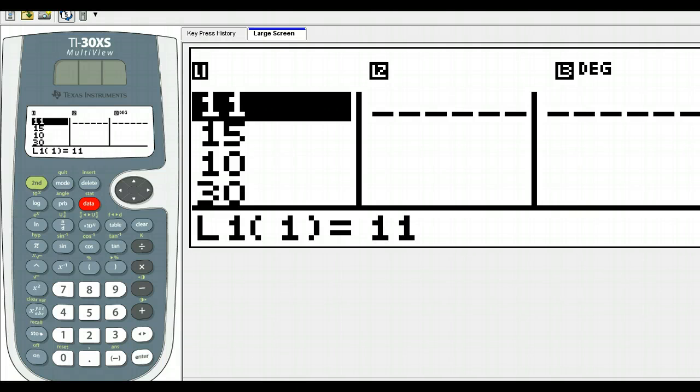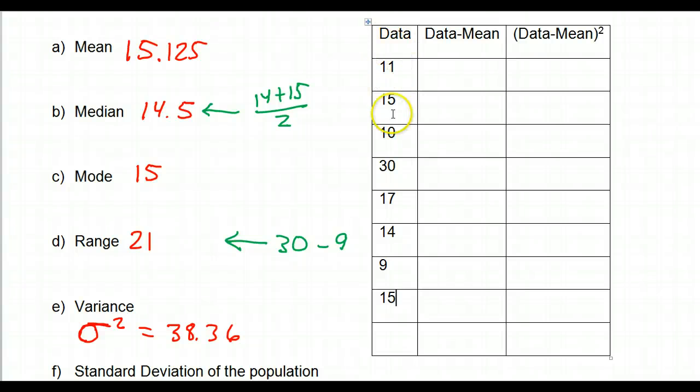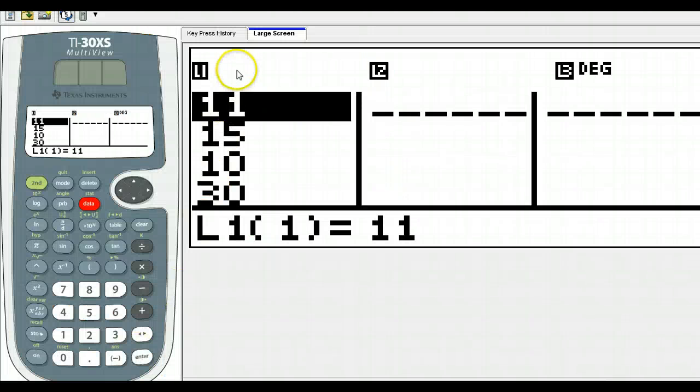Very interesting. Notice that the first column is where the data goes. Looking at the calculator, the first column, L1, is where the data is. So that means in this column, this is where we would like to take these numbers and subtract the mean.